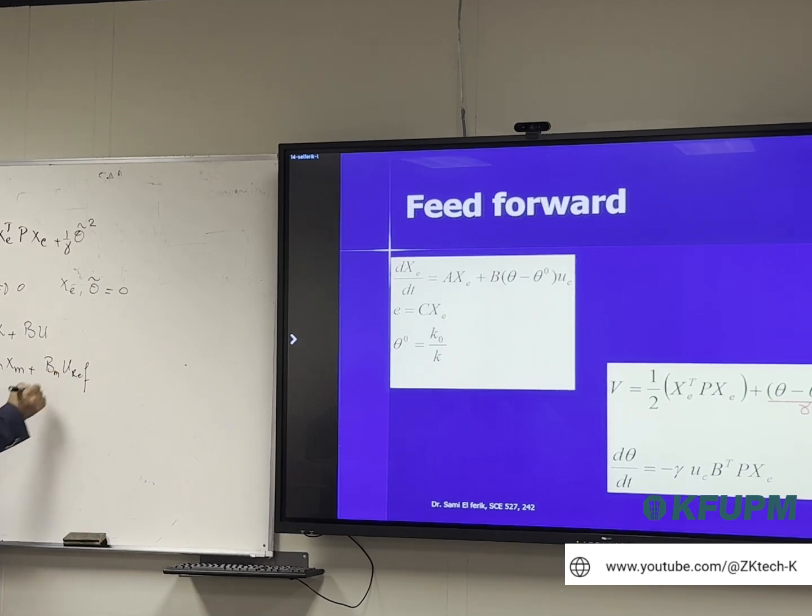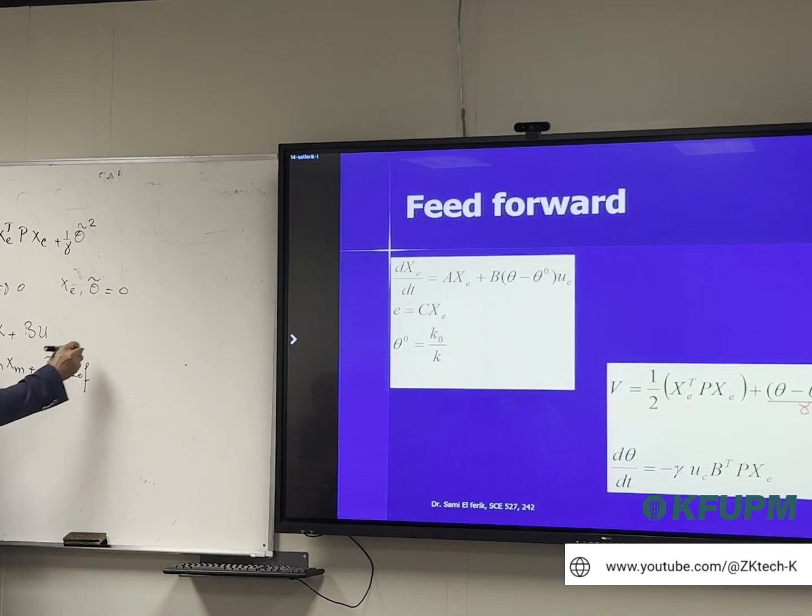Let's say Bm. The difference between B and Bm is just the gain theta. Right? And then we selected u as equal to theta multiplied by the reference. So this is your u that you have here.